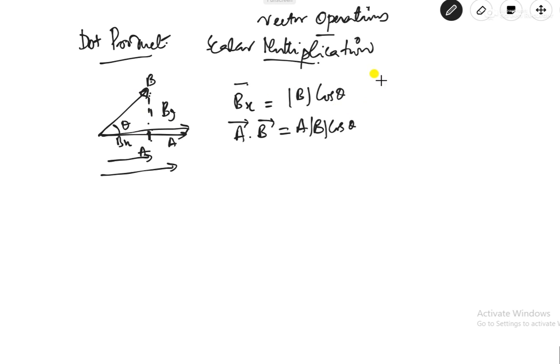An example for you is work done. Work done is a formula. Work done W is equal to the force vector into the small displacement ds, or s also we can take.